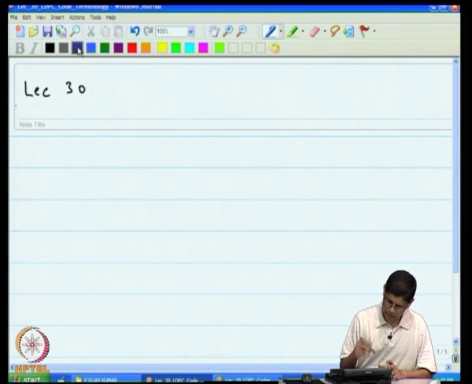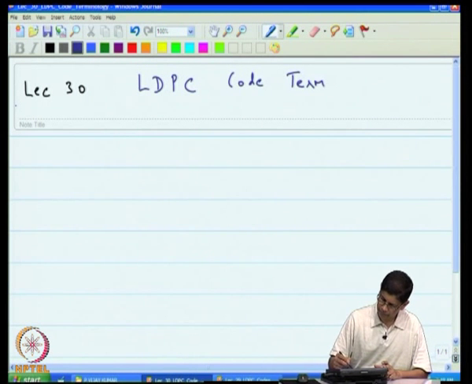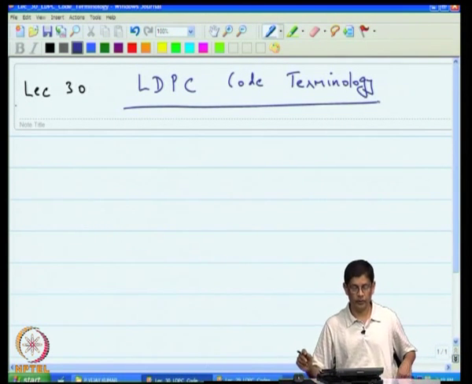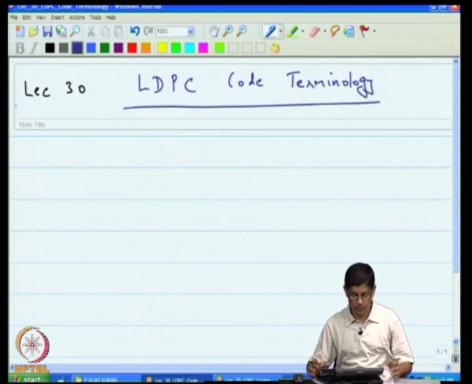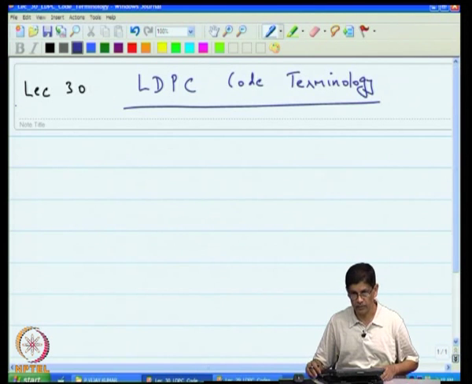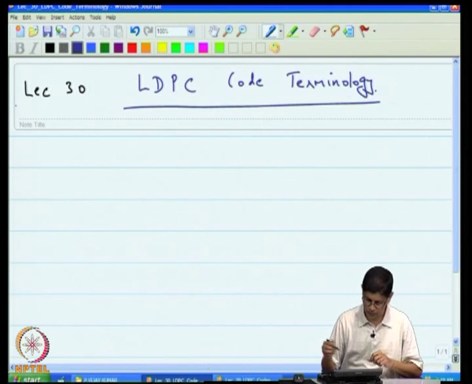And I am going to call this very simply LDPC code terminology. Of course, we have already looked at some of the terms that we are going to come up with, but we will continue this because this will allow us to build up a vocabulary which we will need when we discuss the performance and method of operation of these codes.